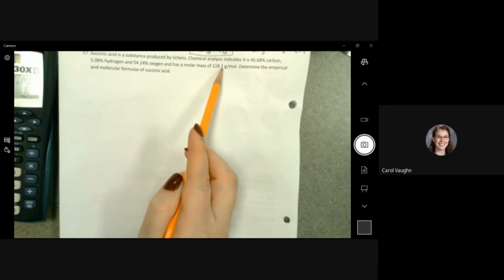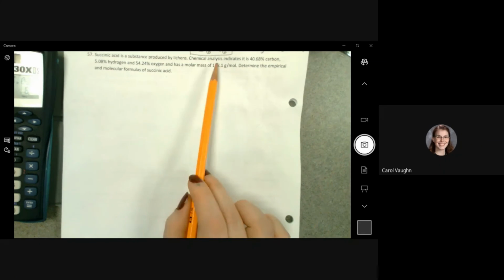So do it just like the empirical formulas we did in class on Monday. It gives you the percent composition. It also tells you what its molar mass is. So step 1, determine the empirical formula. And then step 2, using the molar mass it gives you, compare it to the calculated molar mass of your empirical formula to figure out its molecular formula.